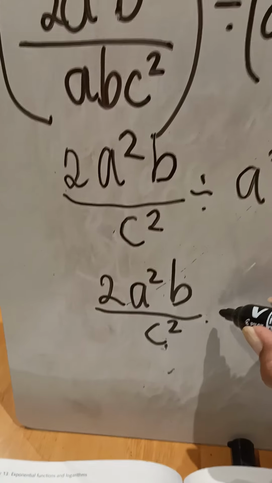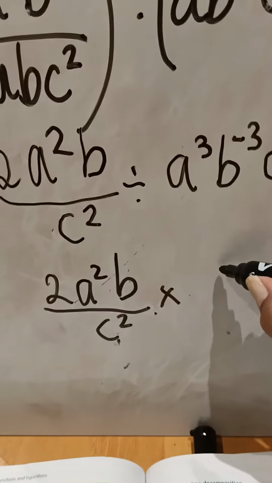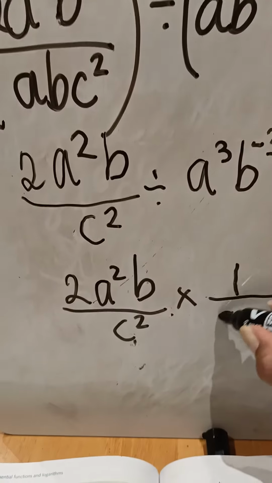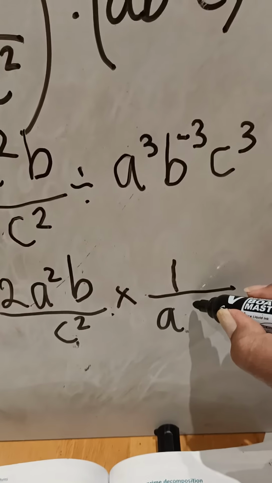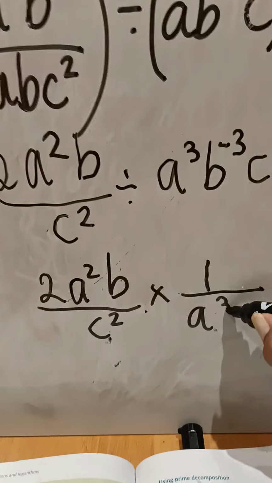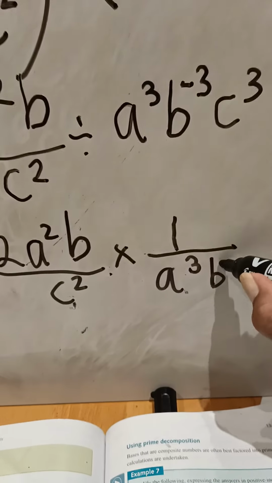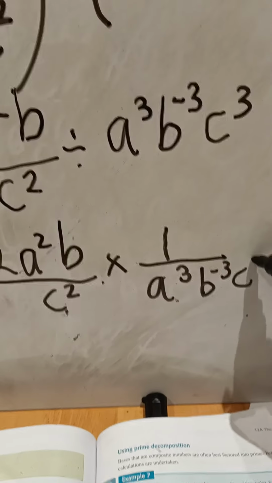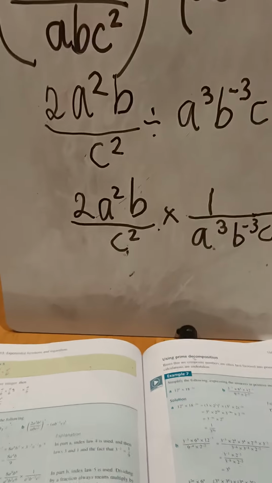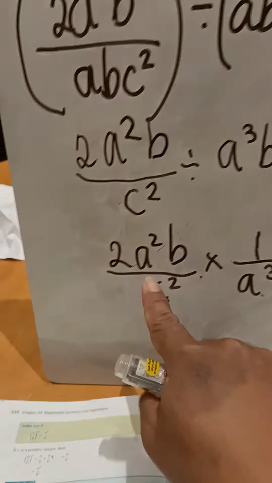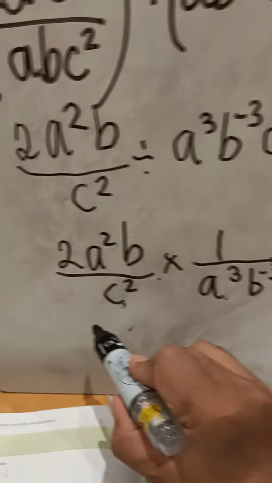So instead of dividing, you multiply by 1 over a cubed, b to the negative 3, c cubed. And simplify that using the previous laws you've learned. So 2 stays as 2.